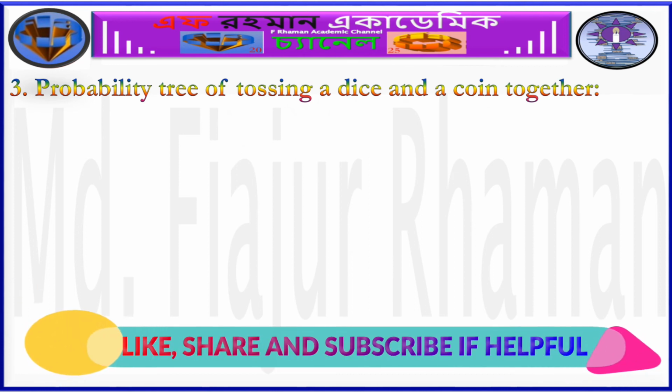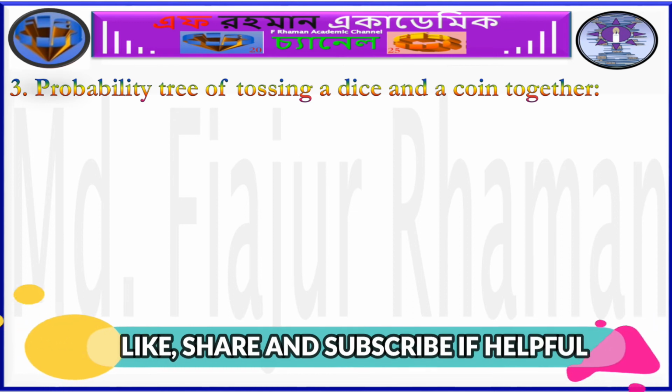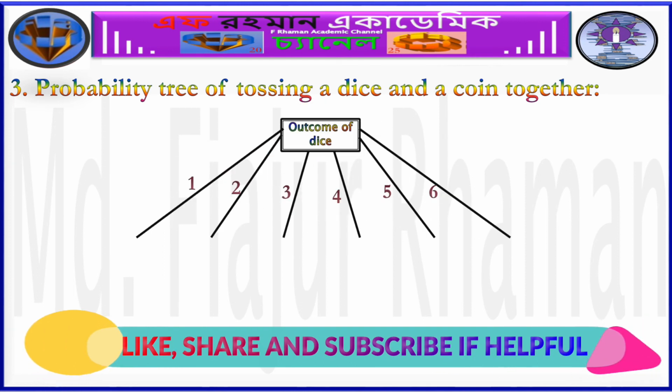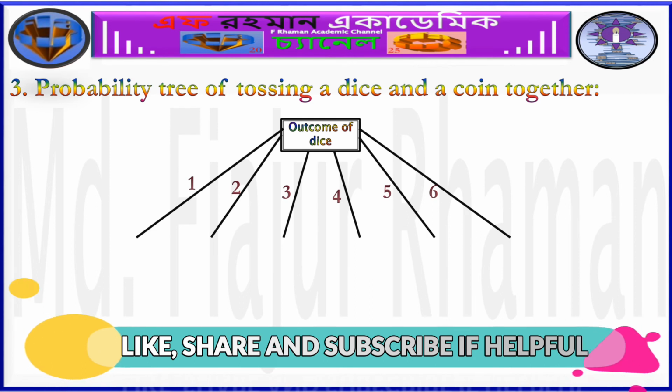3. Probability tree of tossing a dice and a coin together. We should draw a diagram with 6 hands for the dice. For each hand, we should draw diagrams with 2 hands for the coin.